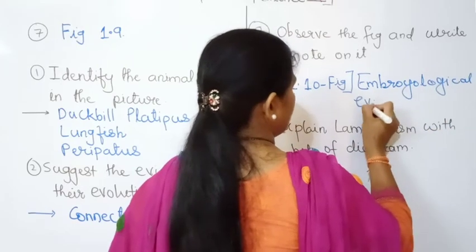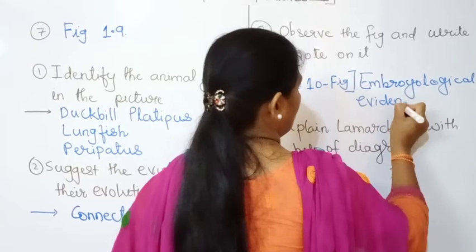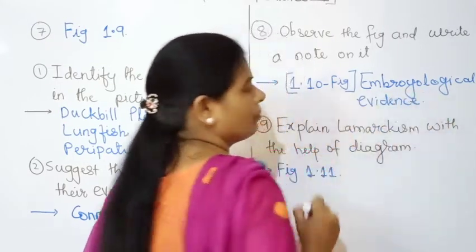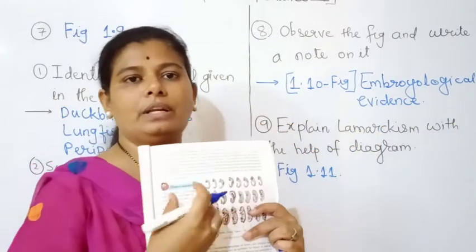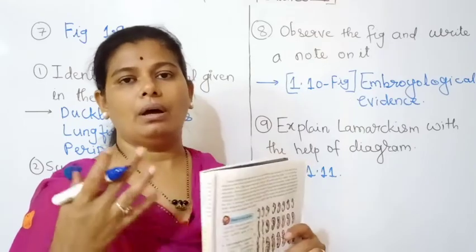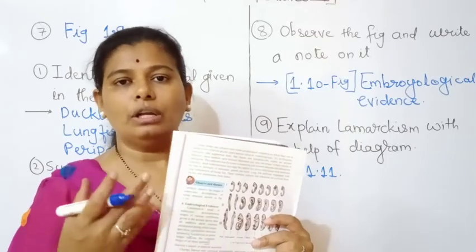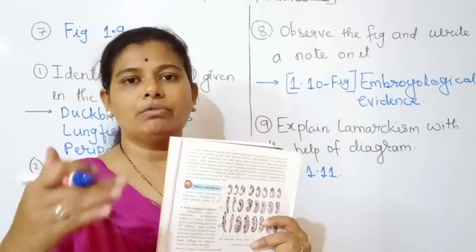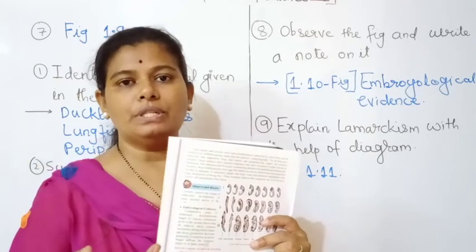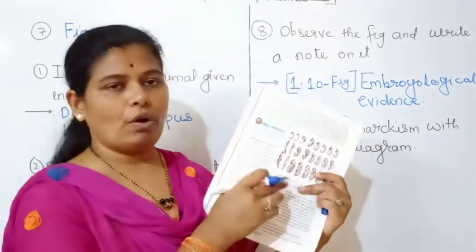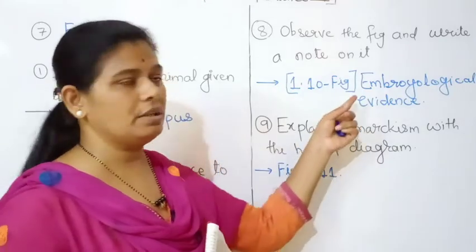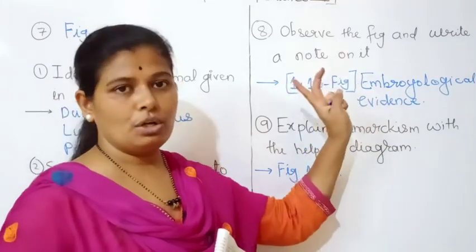You can see that in the initial stages of the embryo, the embryos look alike, or look the same. But as development proceeds through the different stages, they differ from each other. So you have to explain this embryological evidence in this short note.